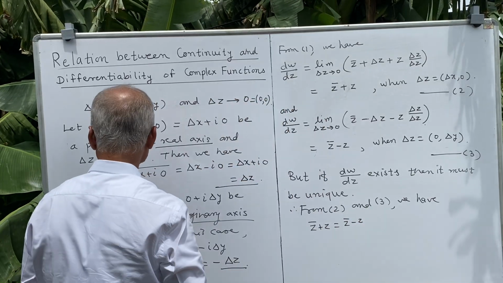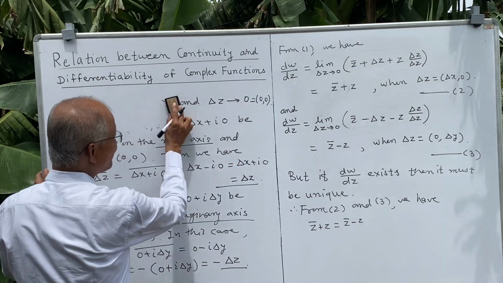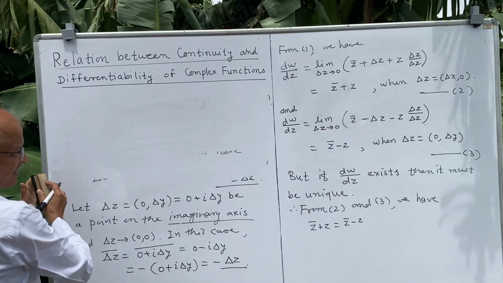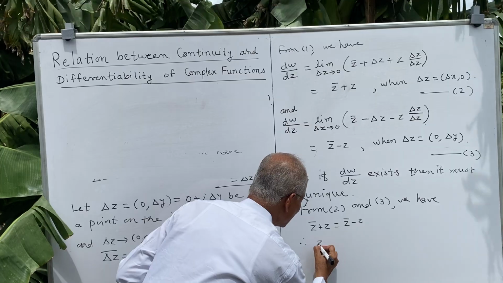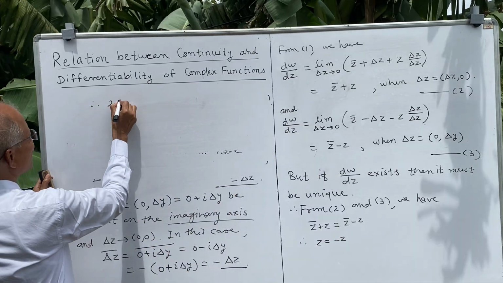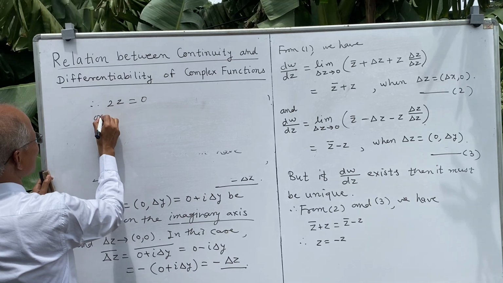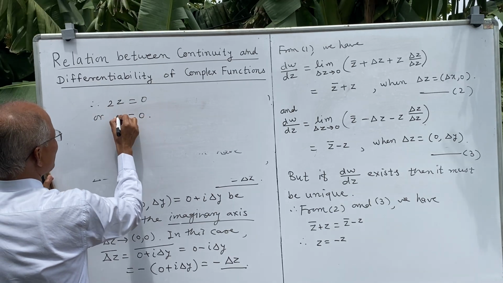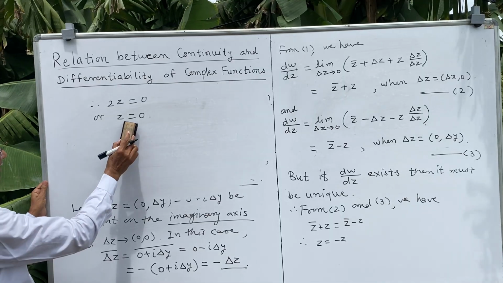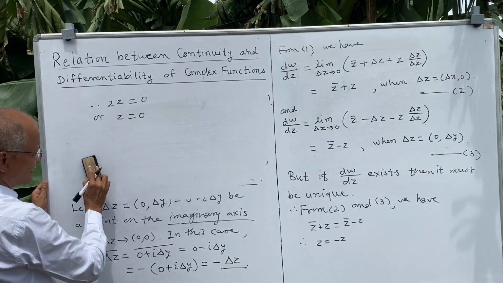Z bar on both sides cancels, and what we get is z equal to negative z, that is 2z equal to 0, or z equal to 0. So thus dw by dz exists if and only if z is equal to 0.